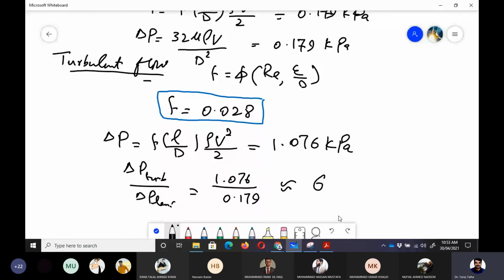So it means that if the flow through the pipe is turbulent, then we need to install a pump which would have 6 times more pumping power as compared to the pump required for the laminar flow. If all the flow conditions are the same, and the only difference is whether the flow is laminar or turbulent, then the pump specification goes quite high.